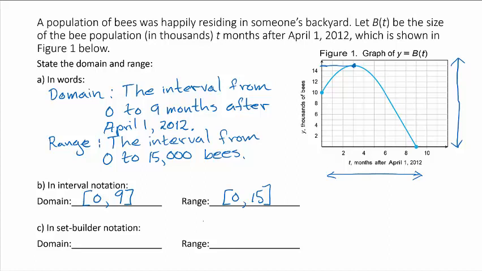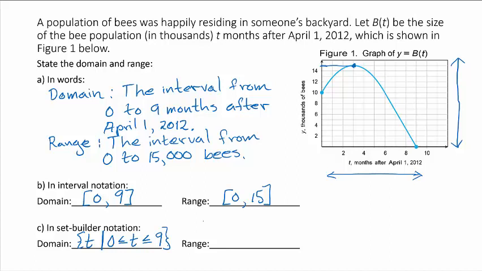In set builder notation, the domain would be the set of all, we usually say the set of all x, but our input variable is t. So I'm going to say the set of all t such that, this is the such that bar, 0 is less than or equal to t is less than or equal to 9. So this is a compound inequality.